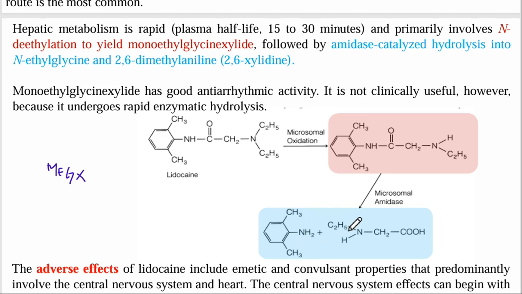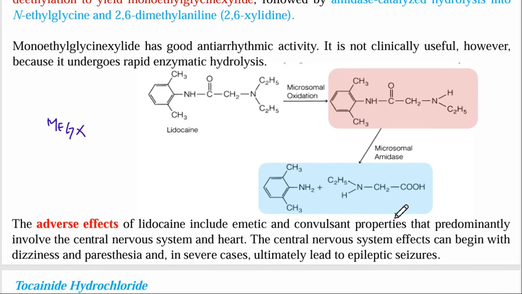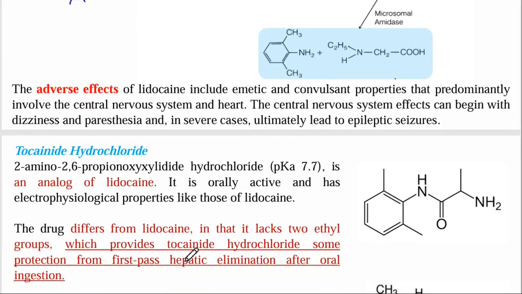This is generally the main product, and there is also amide hydrolysis, which gives a minor pathway. The adverse effects are emetic as well as convulsant properties. So the side effects vary; they can be CNS related, GIT related, or sometimes epileptic seizures.